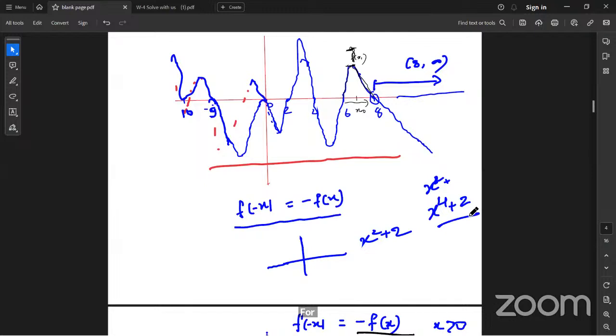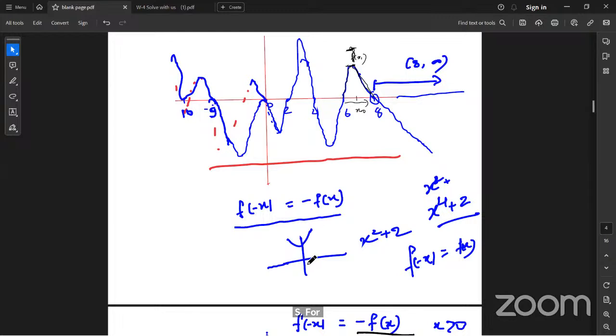This is also an even function, still even, because f of minus x is equal to f of x. The f of minus x is 4, and this function is going like this.